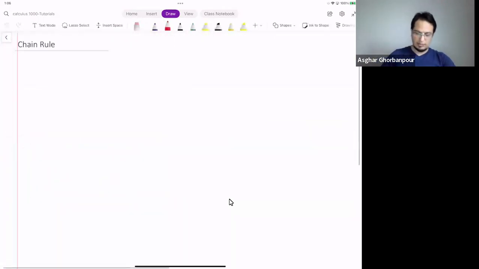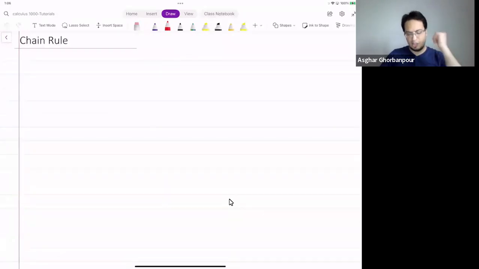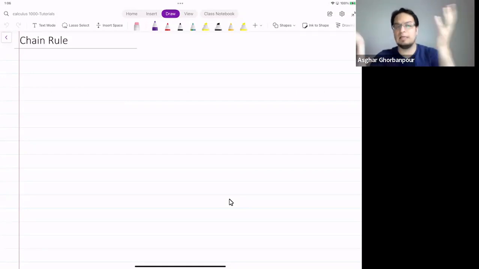So the last topic for week 5 is the chain rule. Remember that we covered the product rule, sum rule, difference rule, quotient rule, and constant multiple rule. These are all the different ways that we can generate a new function using two old functions.